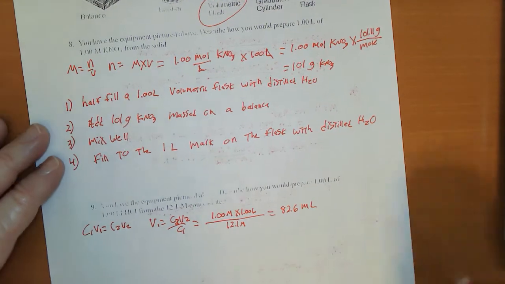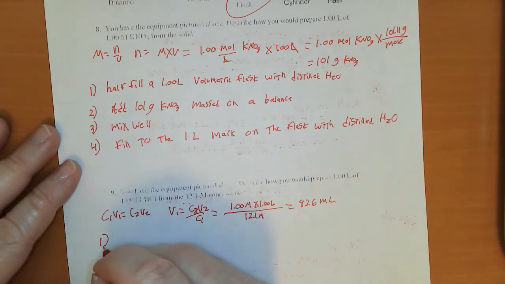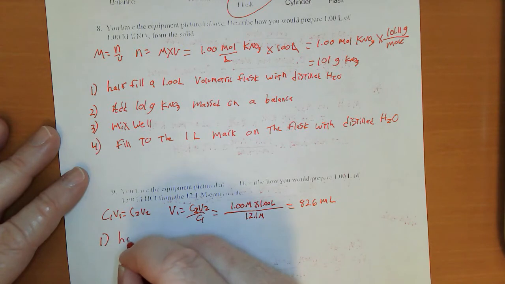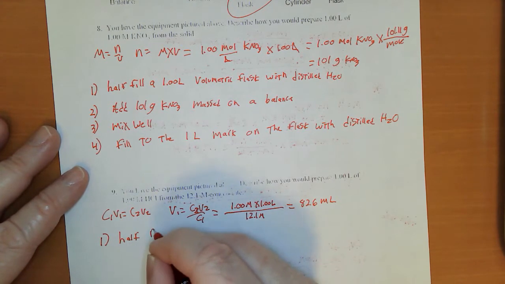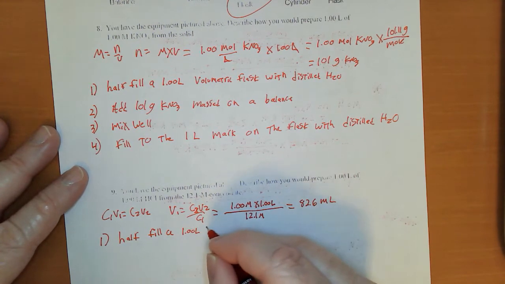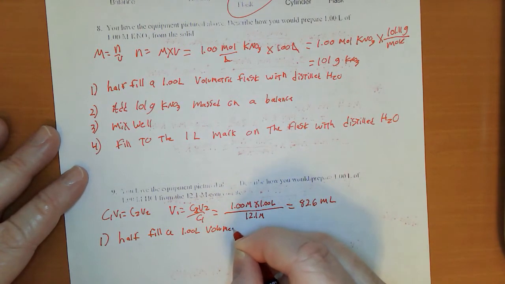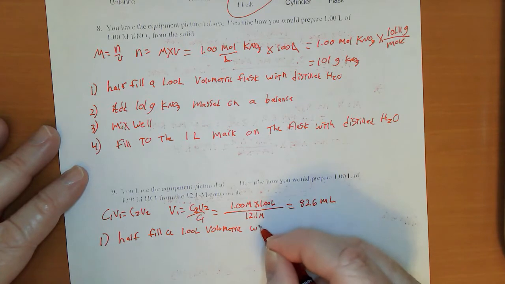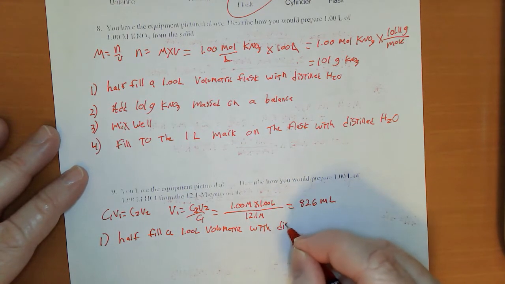82.6 milliliters. So this time, step 1 will be, of course, half fill a 1.00 liter volumetric flask with distilled water.